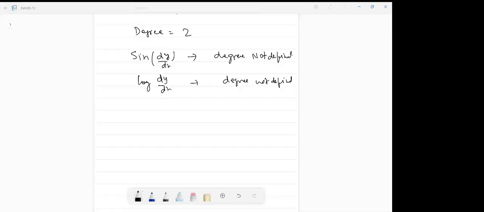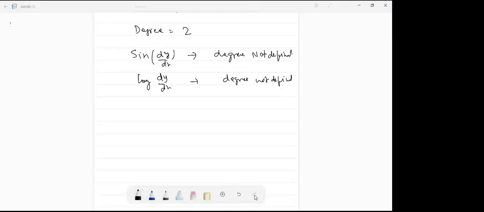We discussed that the degree of a differential equation will not be defined in case we have a trigonometric function and its angle is a differential coefficient, like dy over dx or d2y over dx square. Also in the case of a logarithmic function, if the argument is dy over dx, then degree is not defined.